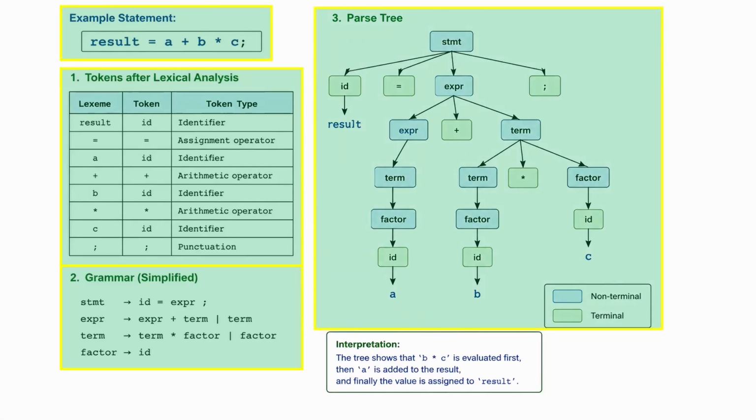At the top is the complete statement node. This is divided into components such as the identifier result, the assignment operator, and the expression on the right side. The tree further breaks the expression into smaller parts.